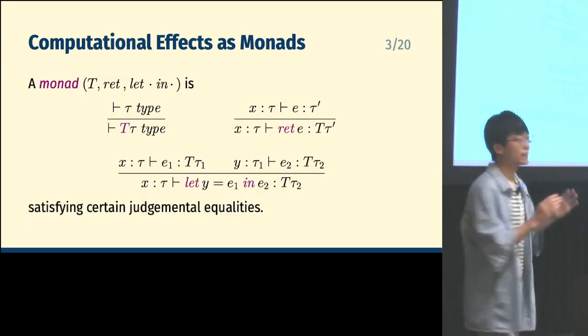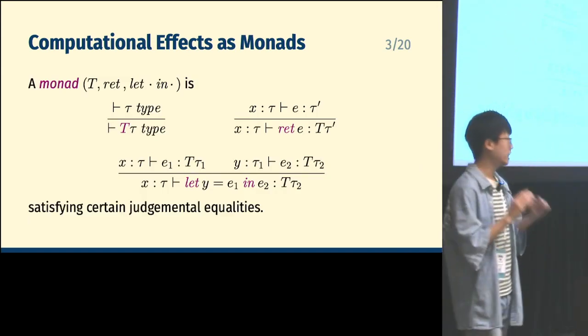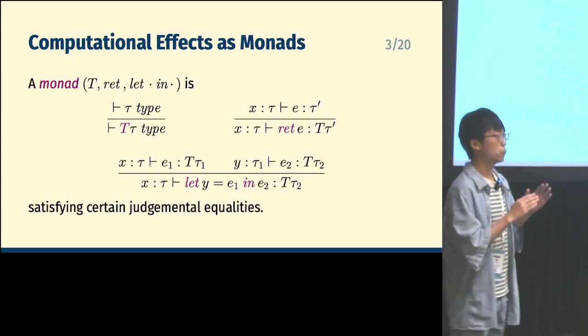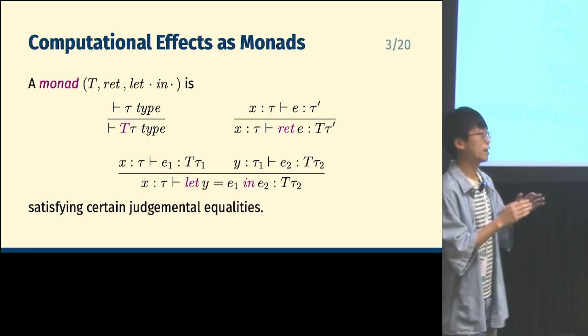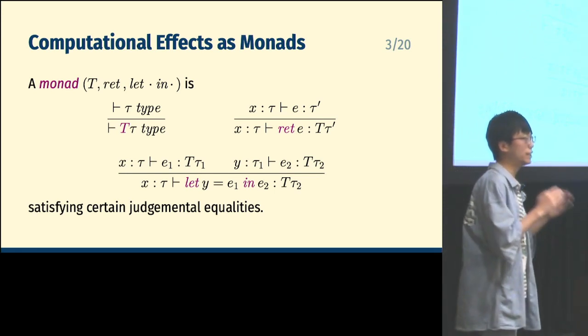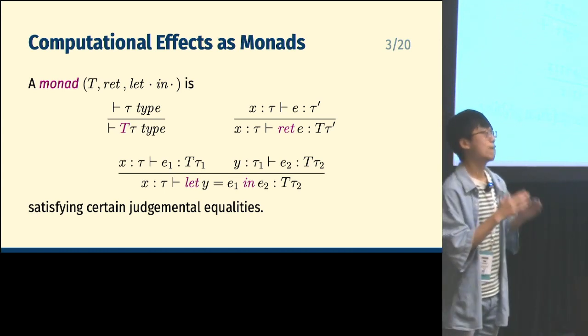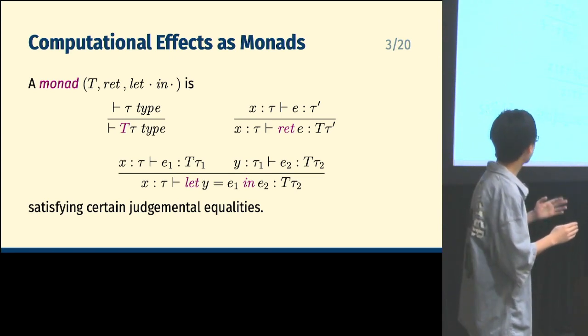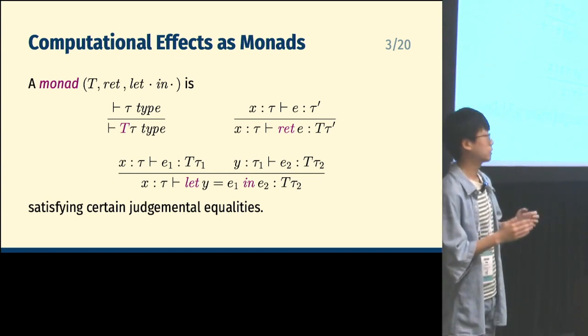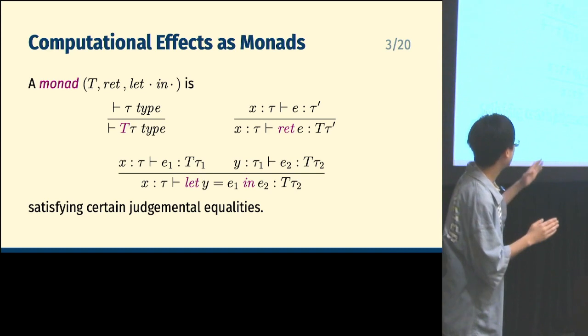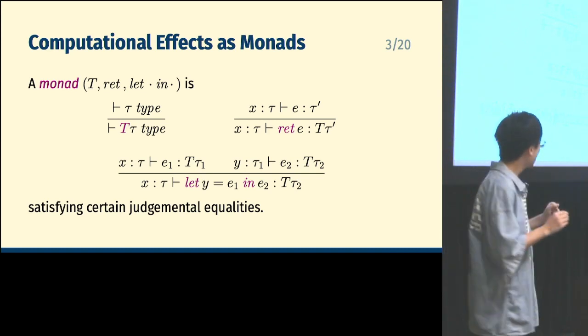And in this type theoretic setting, a monad is just a type constructor, where the intuition is that for every type tau, the type T tau is going to be the type of computations that compute tau values. The type constructor always comes with two term formation rules, the return and the let-in on the slide.